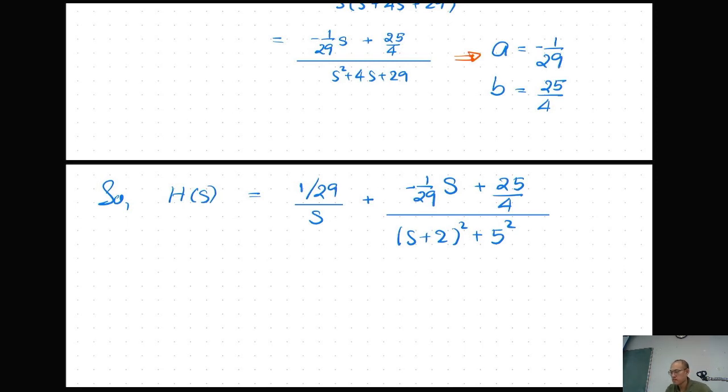Okay. Now, to find the inverse of Laplace transform, let's not forget that we are actually trying to find the inverse Laplace transform. The first term is easy, and that corresponds to u. Now, as for the second term, do you recognize something?